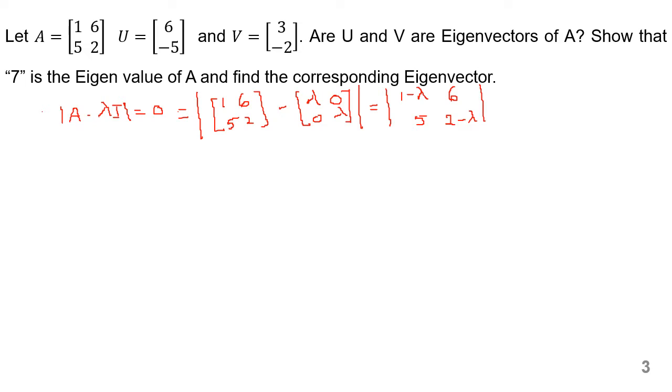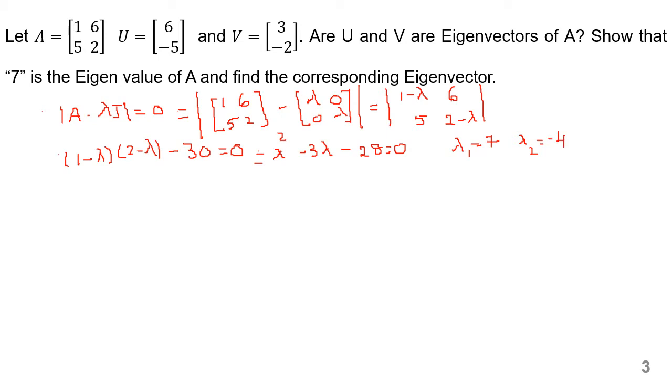When I solve this equation, it is (1 minus lambda)(2 minus lambda) minus 30 equal to 0. It reduces to the form lambda square minus 3 lambda minus 28 equal to 0. When you solve this, you get two eigenvalues: lambda 1 is equal to 7, lambda 2 is equal to minus 4.